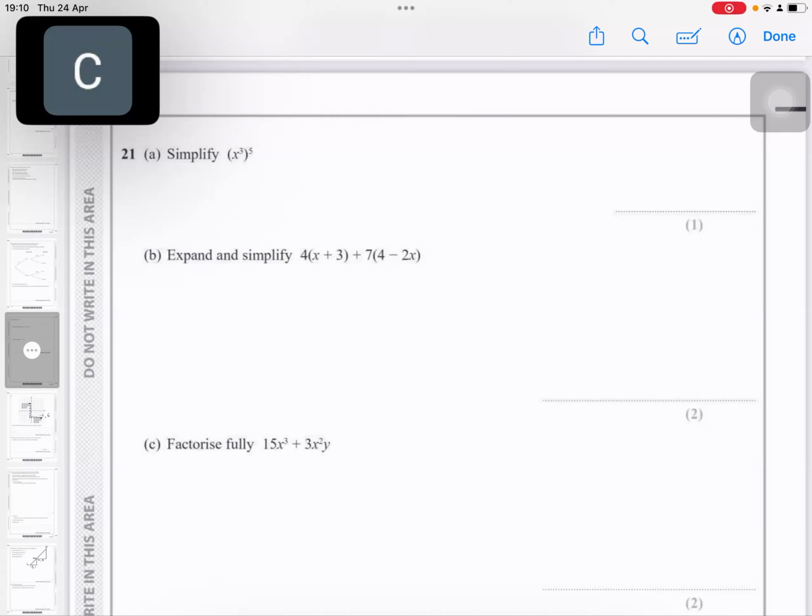Yes. So that one is basically from the laws of indices. You get that. Now the second one is the one that's a bit tricky. Can you do that second one? You're simply expanding. Give it a try.